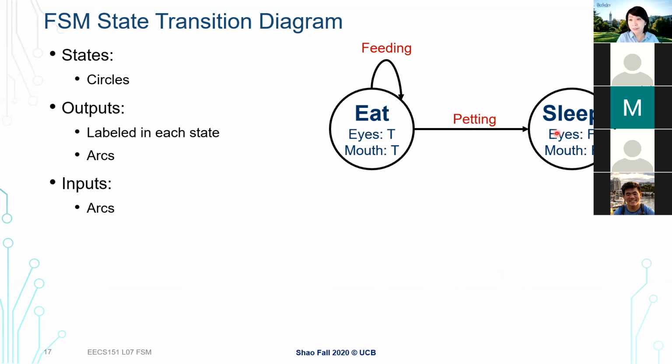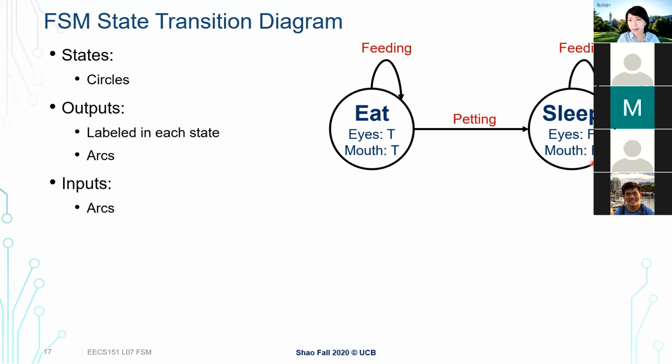So if the cat is sleeping, how does the output change based on the state? In this example, again, we're monitoring the eyes and also the mouth of the cat. The eyes will be closed, so we use false here, and the same with the mouth, because the cat is not eating anymore.